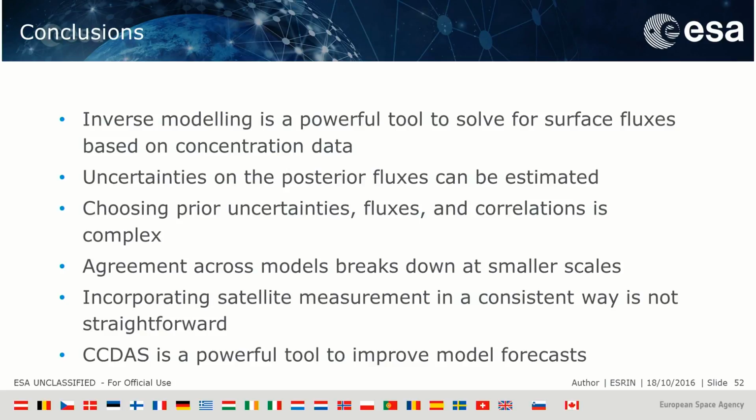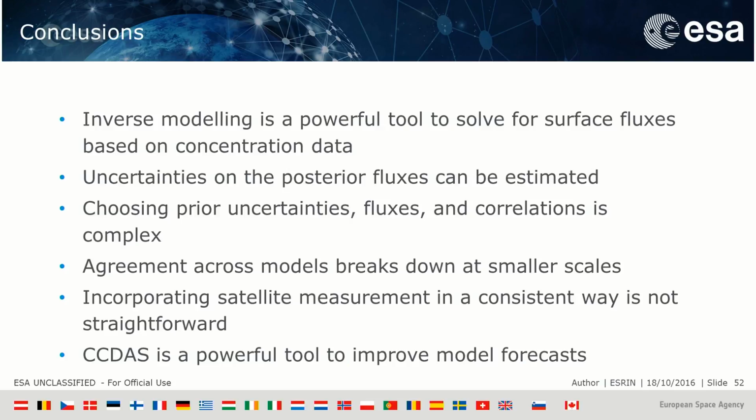Inverse modeling, I think, is a powerful tool to solve for surface fluxes. We can estimate uncertainties in our posterior fluxes. It's complicated, but it also gives you a lot of freedom in choosing your prior uncertainties, your prior fluxes, and the correlations between them. Agreement across models breaks down as you go to smaller scales, and there are still a lot of open questions.